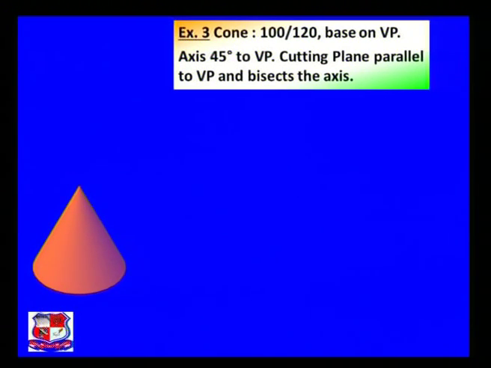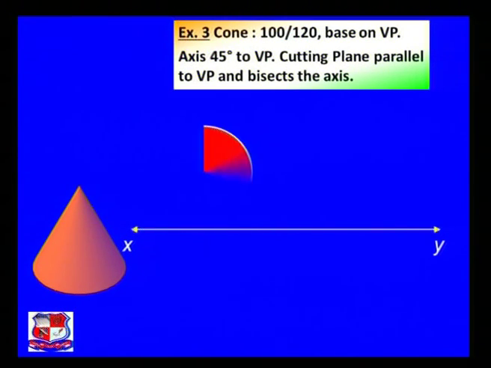First of all draw the XY line which represents the intersection of HP and VP, name X and Y, and draw a circle above the XY line of diameter 100 millimeter, that is radius 50 millimeter. Because here it is given that the base is on the vertical plane, the circle should be drawn above the XY line.